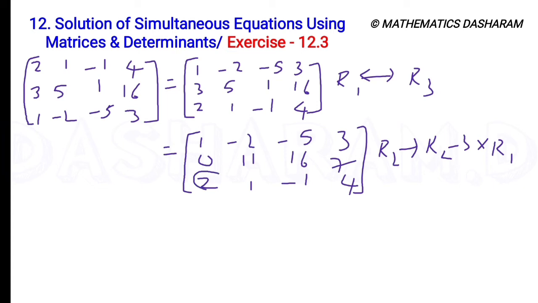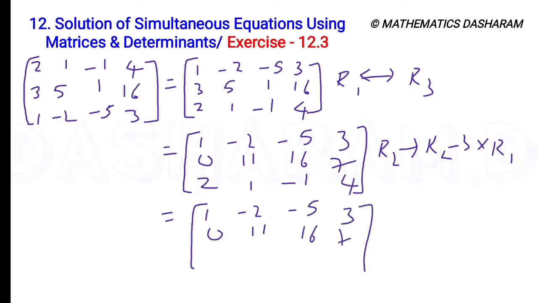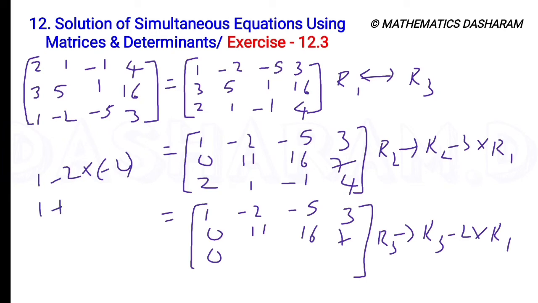Now we need 0 at this place. So the matrix is 1, minus 2, minus 5, 3; 0, 11, 16, 7. The first two rows stay as they are, and the third row R3 is replaced with R3 minus 2 into R1. Here R3 is 2, and 2 into 1, so 2 minus 2 is 0. Next, R3 is 1 minus 2 into minus 2, so 1 plus 4 equals 5.